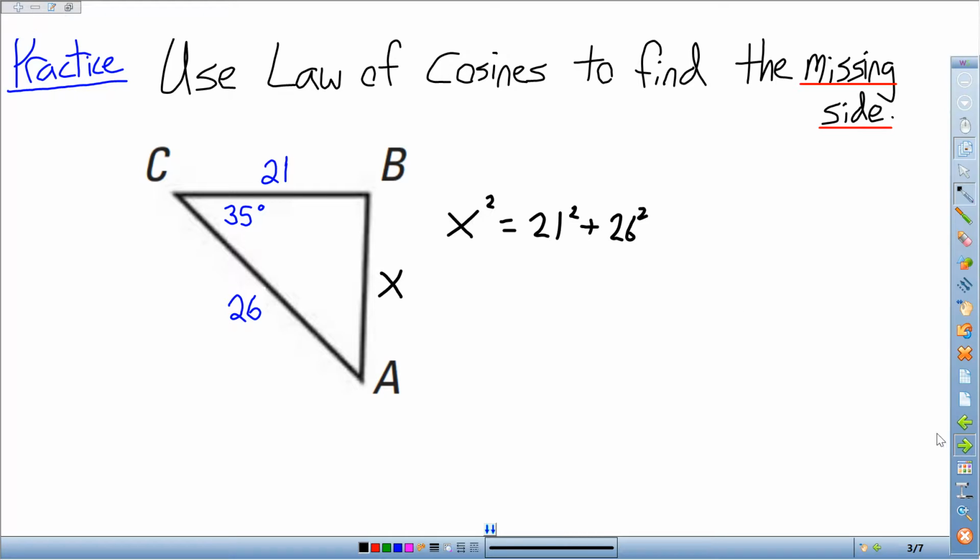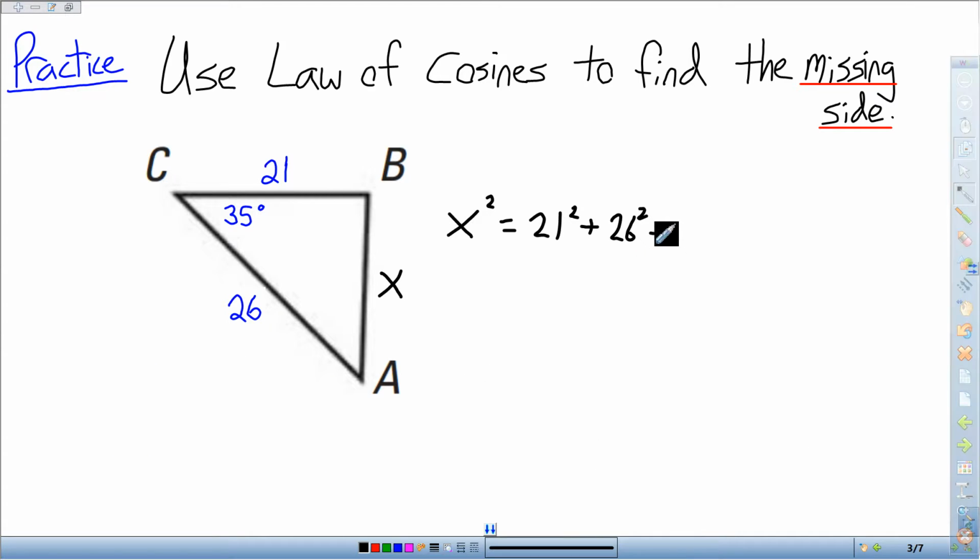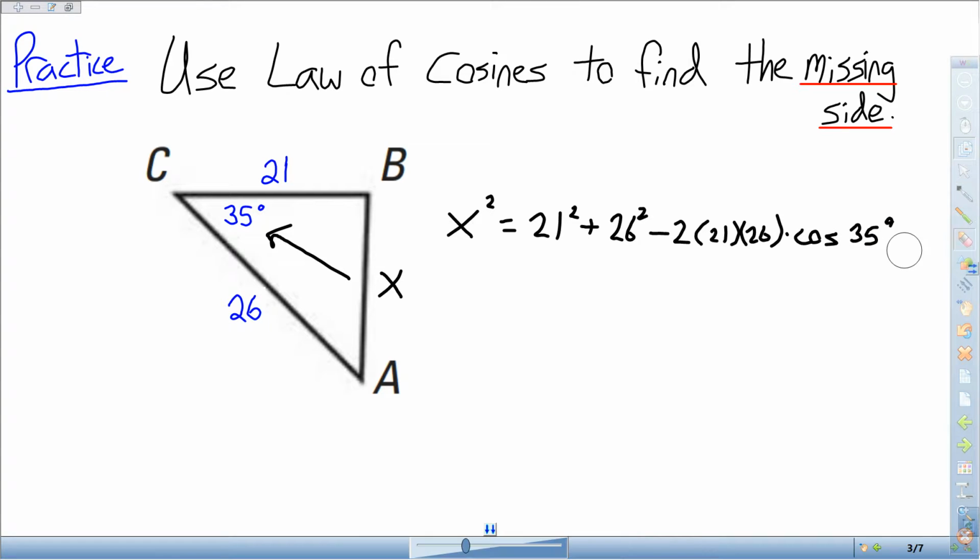All right, and then minus 2 times b times c, so b times c times cosine of the angle opposite the side that I'm looking for, which is the one they're giving me, 35 degrees. Okay, and yeah, from here, it's just making sure I type this in correctly and then taking the square root of both sides. So yeah, let's see what this looks like.